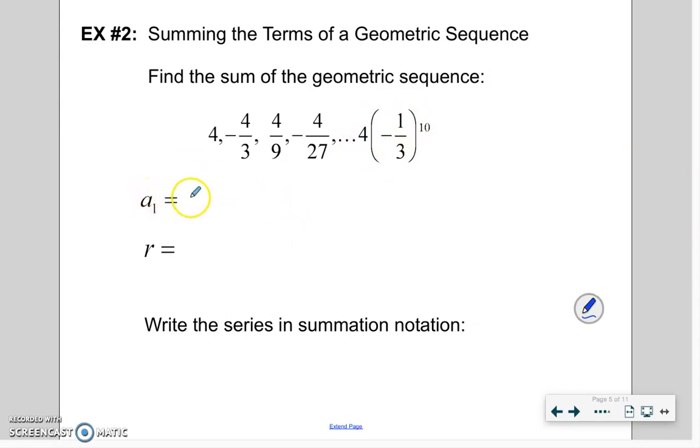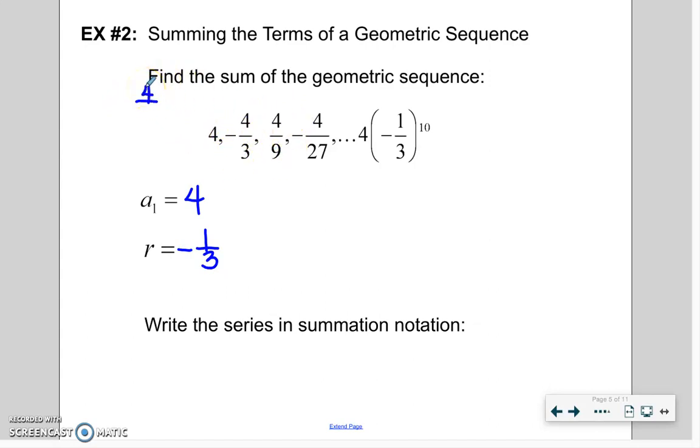So do I know the first term? Yes, the first term is 4. Do I know the common ratio, which is what am I multiplying by each time to get from term to term? It looks like you are multiplying by -1/3. Just a quick review, if you aren't sure how to do that, remember you can just take a term and divide by the one before it.